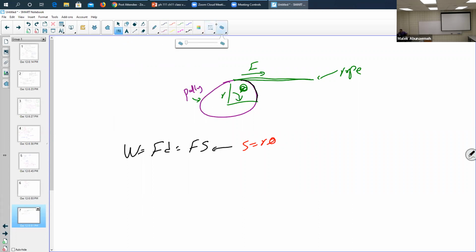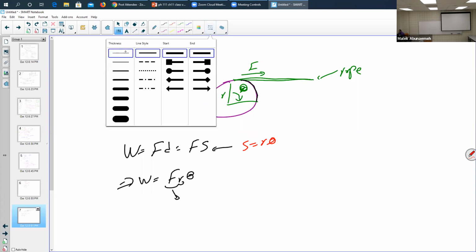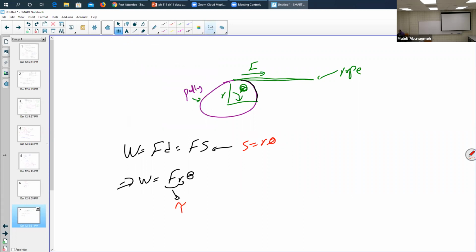That means that the work is going to equal FR theta. But F multiplied by R, that's force multiplied by your distance, which means this is going to be your torque. So this is actually equal to your torque multiplied by your theta. So your work equals your torque multiplied by the angle theta.